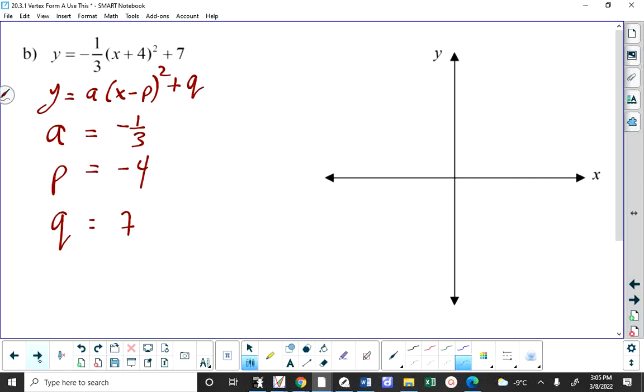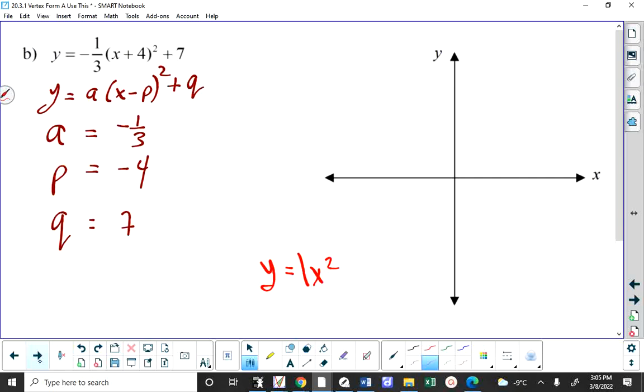Because neglecting the negative, a is a third. So it's going to become 1/3 as tall. Remember, if a is big, it gets bigger. If a is small, it gets smaller. And by the way, we're comparing it always to this. So is 1/3 bigger or smaller than 1? It's smaller, so the graph gets shorter.